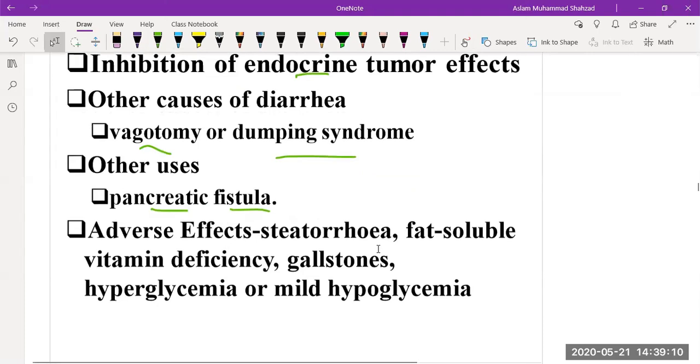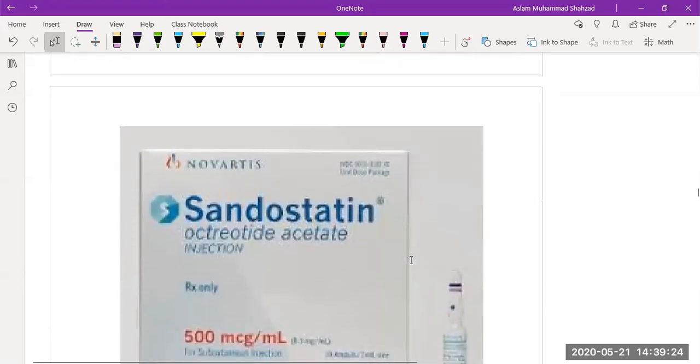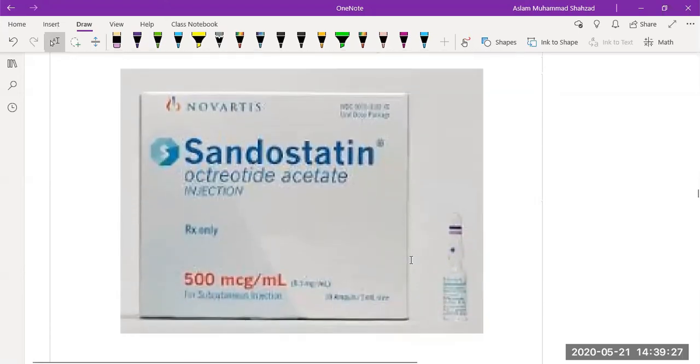But it has some adverse effects such as steatorrhea, fat soluble vitamin deficiencies, gallstones, hyperglycemia, or mild hypoglycemia. The drug available in the market is octreotide acetate under the commercial name Sandostatin, and the recommended dose is 100 microgram 3 times a day.